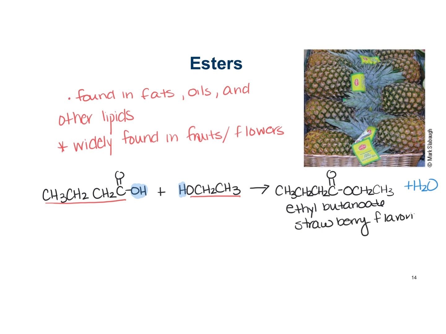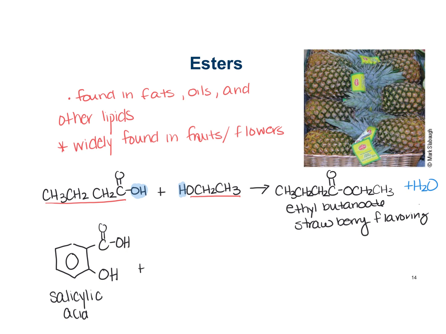I want to do another example of predicting the products in this type of reaction, and I want to do a ring. So let's have a ring here, and then we have a C double bond O, OH, and then we have the OH group here. And this is salicylic acid.